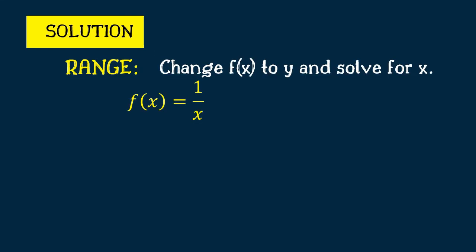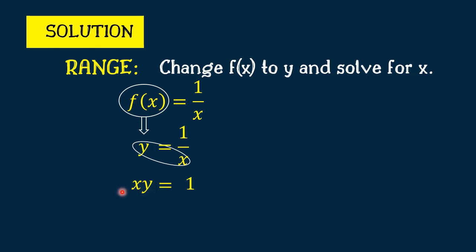To find our range, we have to change our f of x to y and simply copy 1 divided by x. Then we have to solve for x. To do that, simply multiply y by the denominator x. So y times x is equal to xy. Simply copy 1.